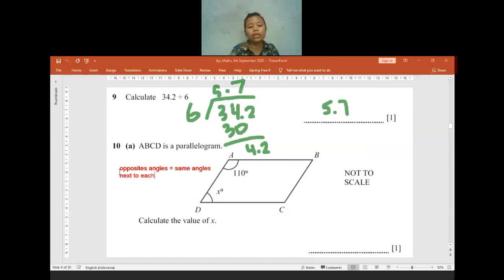And for angles next to each other, the total will be 180 degrees, because they are on one line. So we take the second property. The 110 and the x in total have to be 180 degrees. So the x will be 70 degrees. Is there anyone having any question so far?